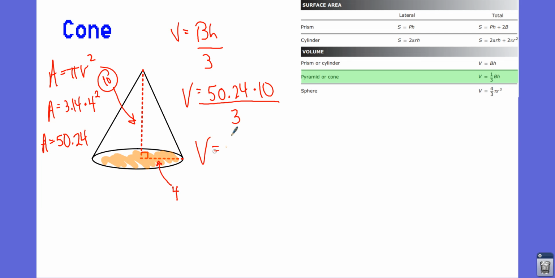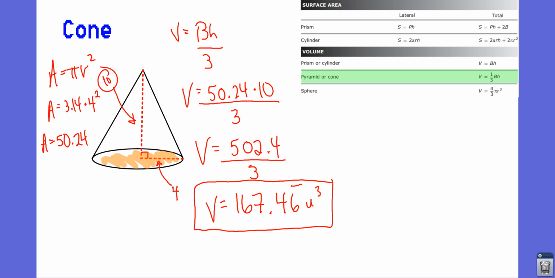So volume equals 502.4 divided by 3. And the volume is about 167.46 repeating cubic units.